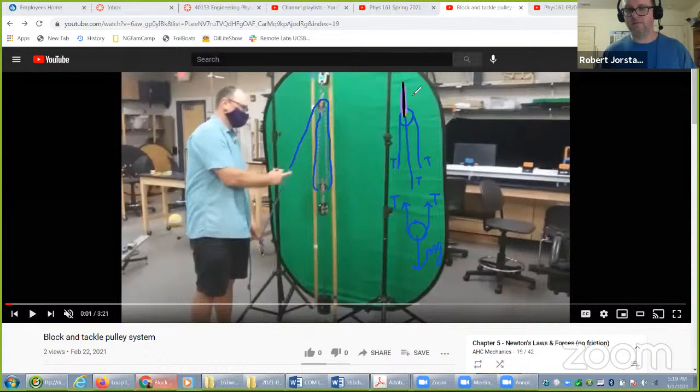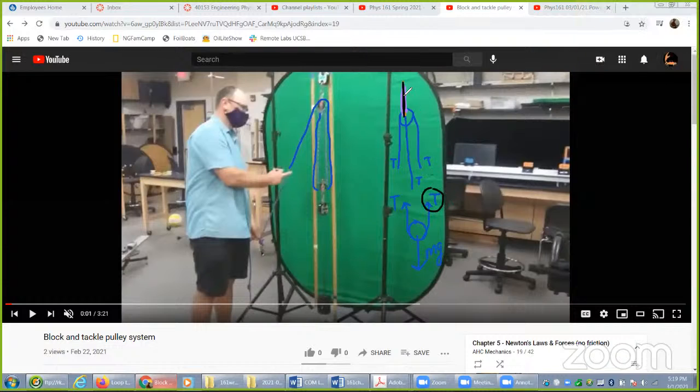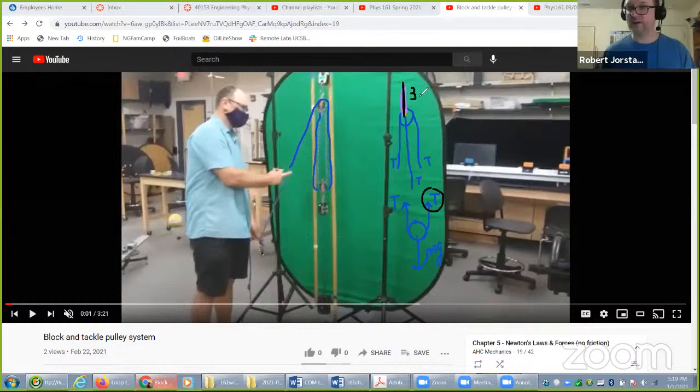Nope. What's tension? It's the same string. You just told me what the tension was. mg/2. So how much does the upper one have to do? mg/2. Times 3. There's 3 strings pulling down, each with mg/2. So I need 3 mg/2s. 1, 2, 3. Does that make sense or not?